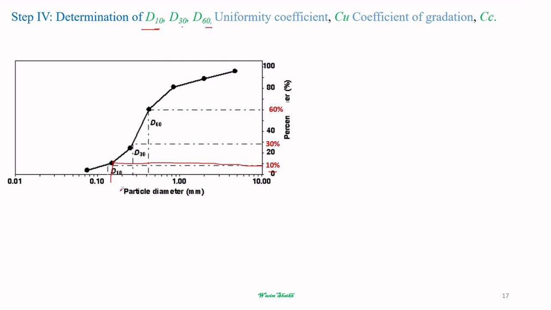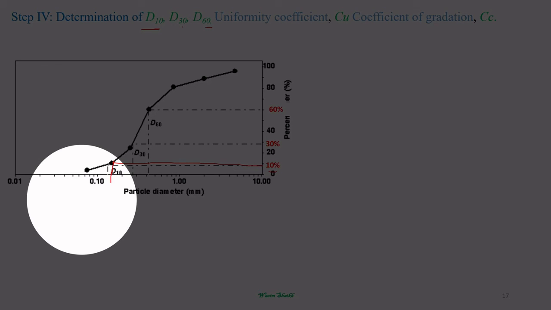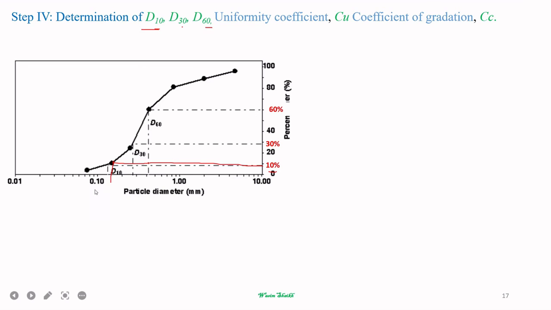So if you look at this, I'll show you a little bit zoomed. So this is my point 1 over here, I think, if I'm not wrong. And this will be my point 2 over here.